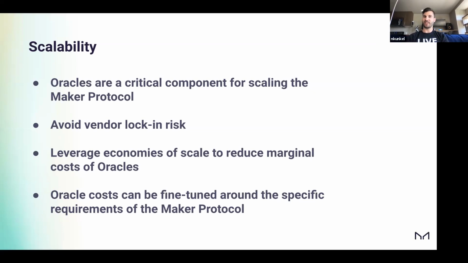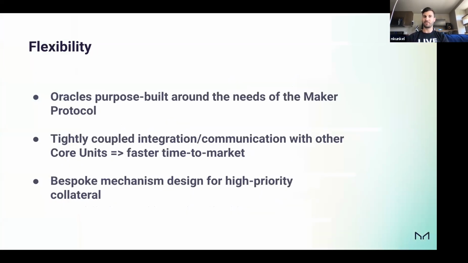And so then we get to the third point, which is flexibility, right? This goes back to the mission, and what we just touched on is that this Oracle protocol is purpose-built specifically around the needs of the Maker protocol.